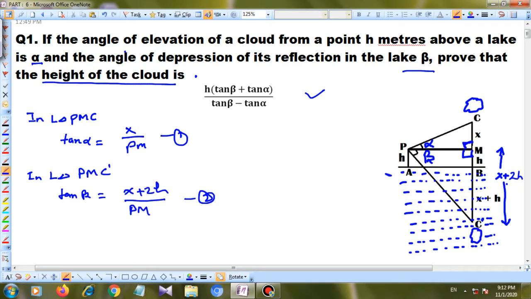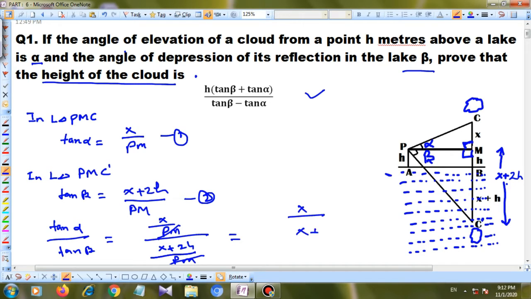Now divide equation first by equation second. So we will get tan alpha upon tan beta equal to x upon PM and x plus twice h upon PM. So PM cancels. This is x upon x plus 2h.